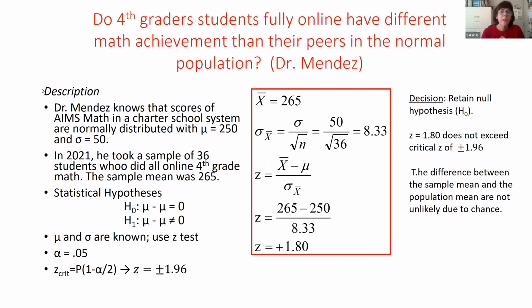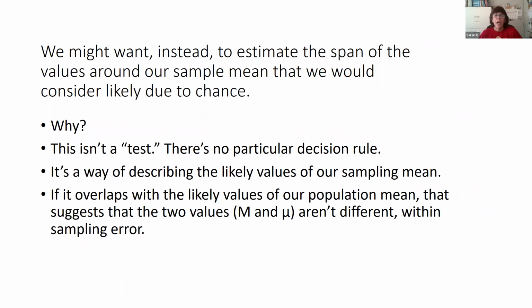So say that instead, we just want to estimate the span of values around our mean that we'd consider likely due to chance. We don't want to test a null hypothesis. We just want to have a descriptive result. There's no particular rule. It's a descriptive method. A lot of people think that this business of retaining or rejecting on the basis of a single point value doesn't seriously take into consideration what probability means.